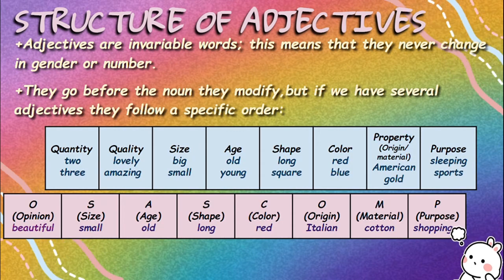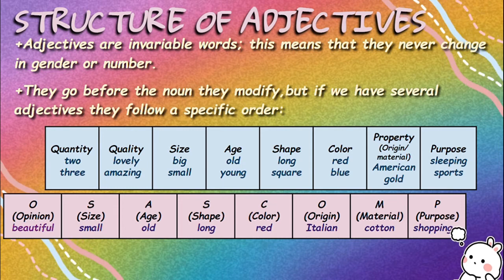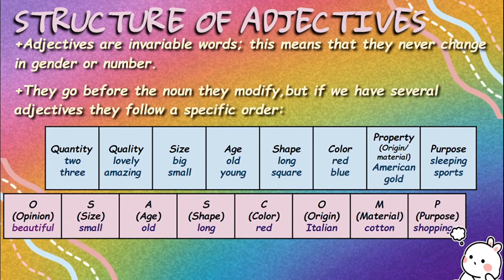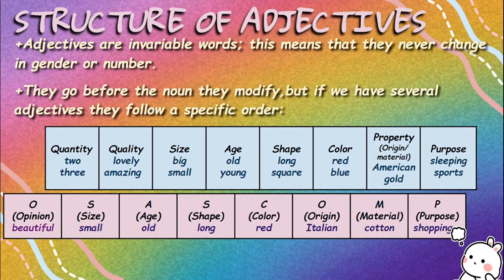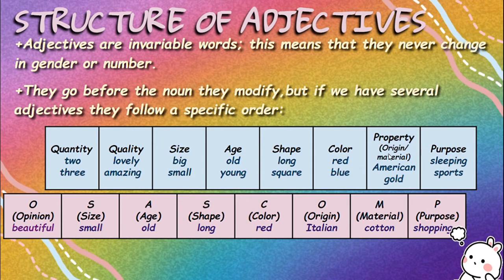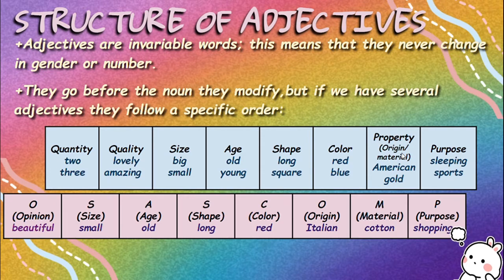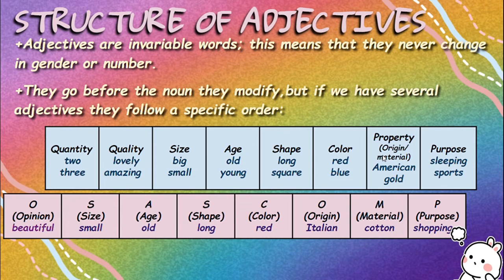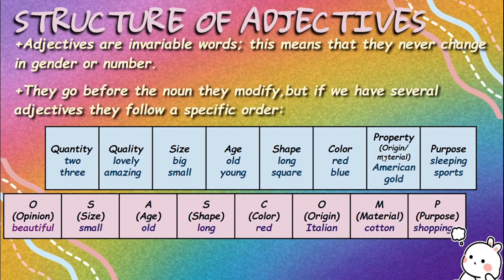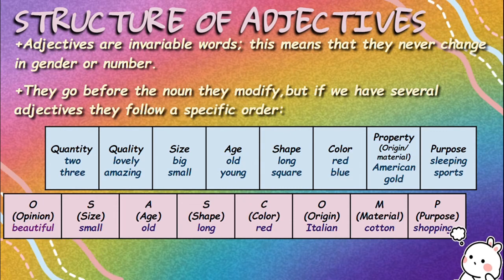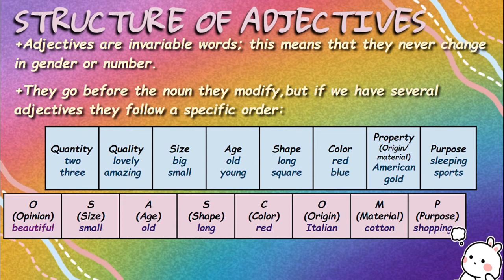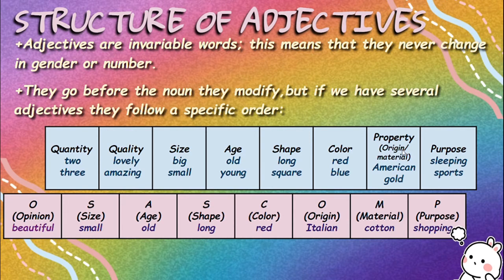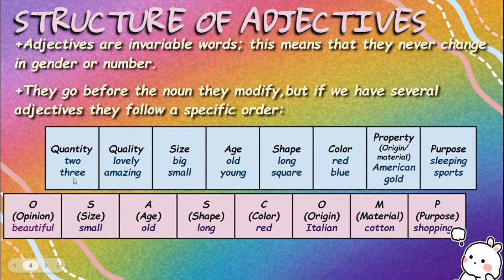Quantity, quality, size, age, shape, color, property, and purpose. In property, we have two items, origin and material.